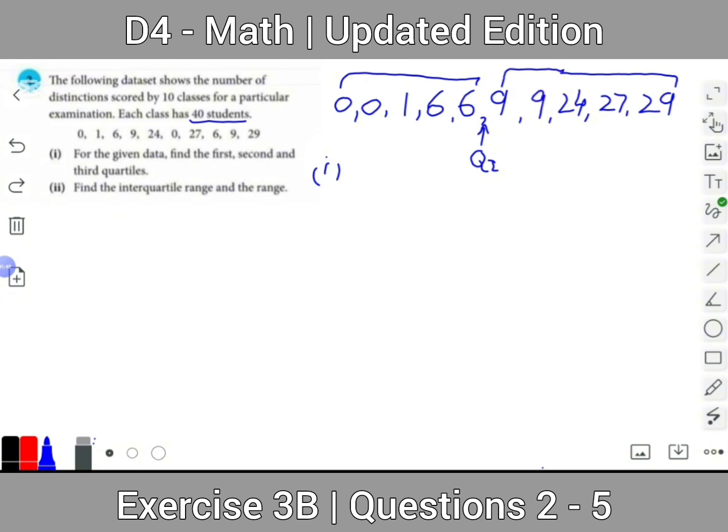Now we can observe that the median divides the data values into two equal parts, having 5 values on each side of the median.